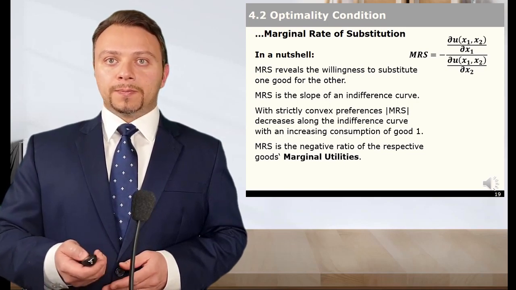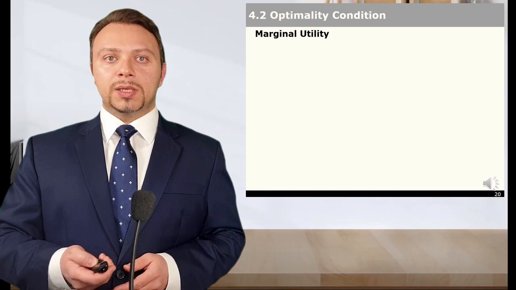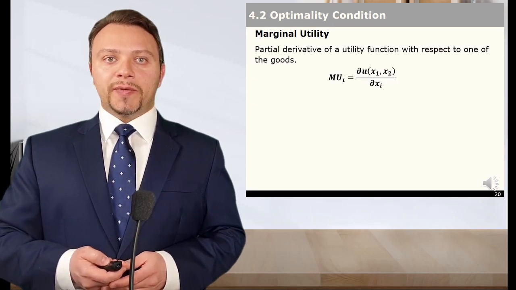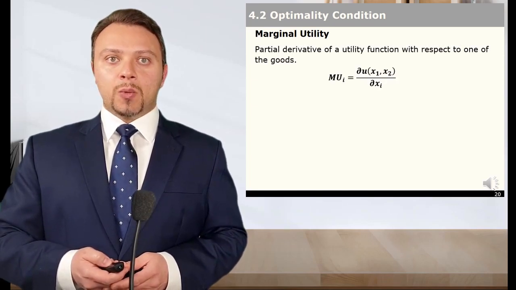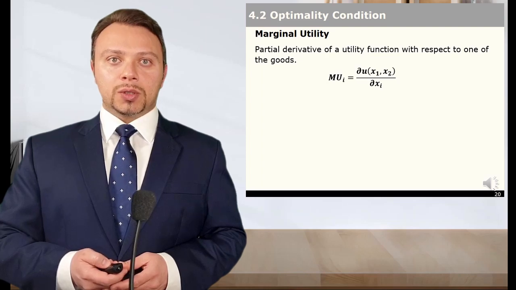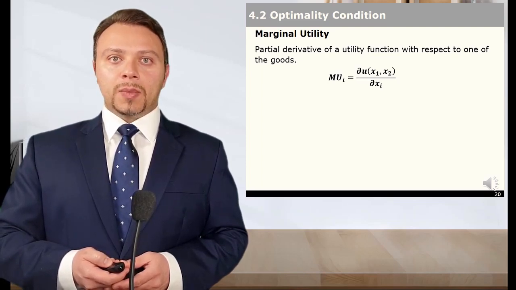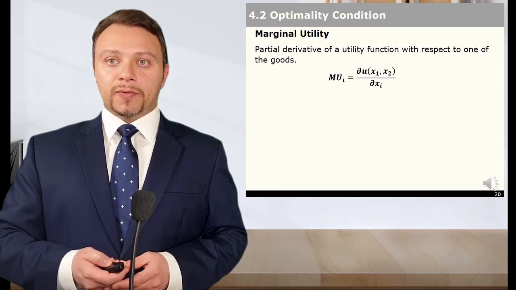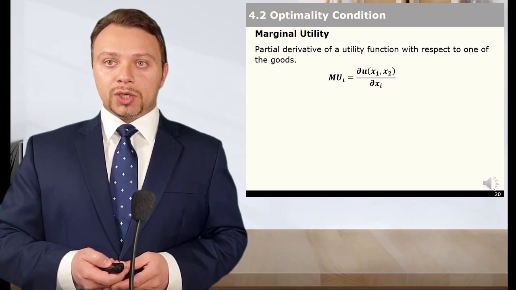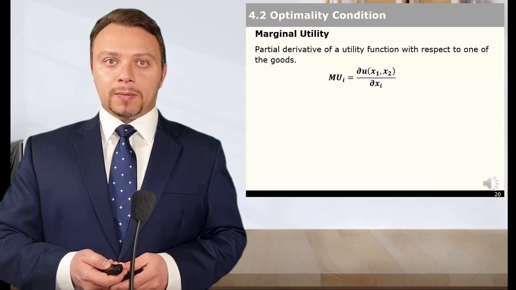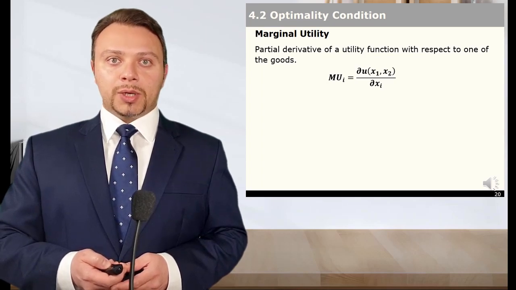What is it? The marginal utility is the partial derivative of the utility function with respect to a certain good. So here you see MU_i is the partial derivative of the utility function with respect to x_i. It has an economic interpretation.